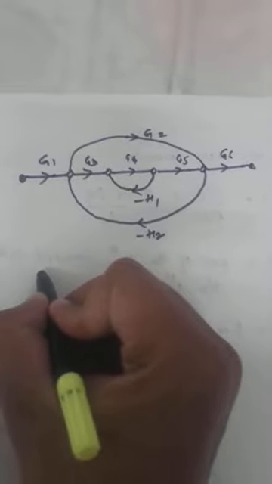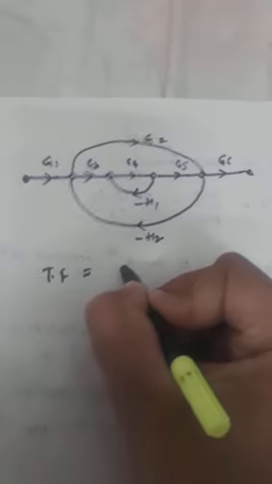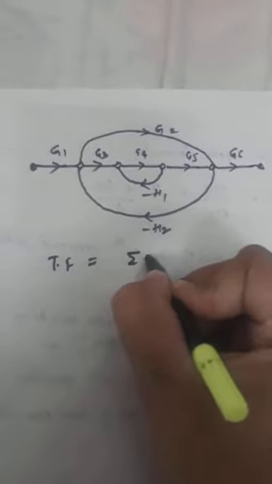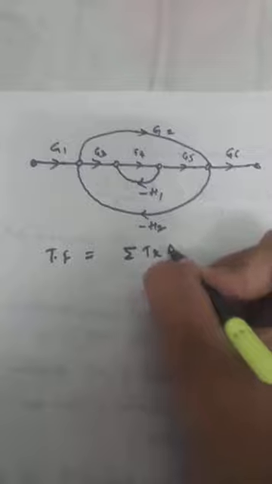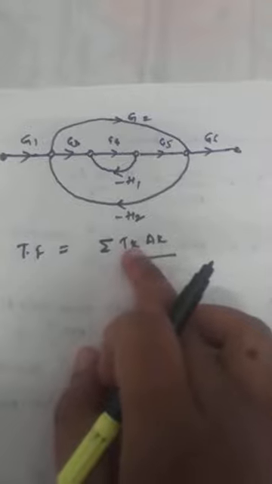The transfer function is equal to the algebraic sum of Tk into delta k, whole divided by delta, where k stands for the number of forward paths. First we'll find the number of forward paths here.